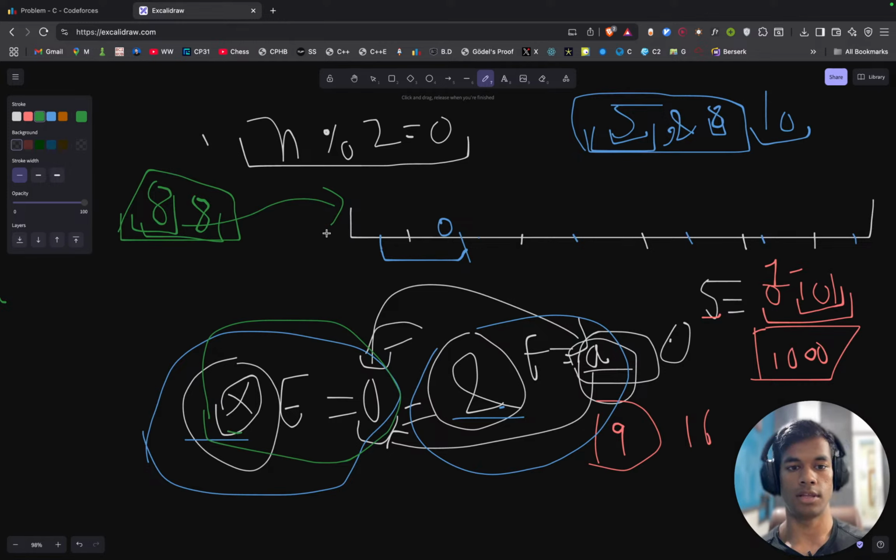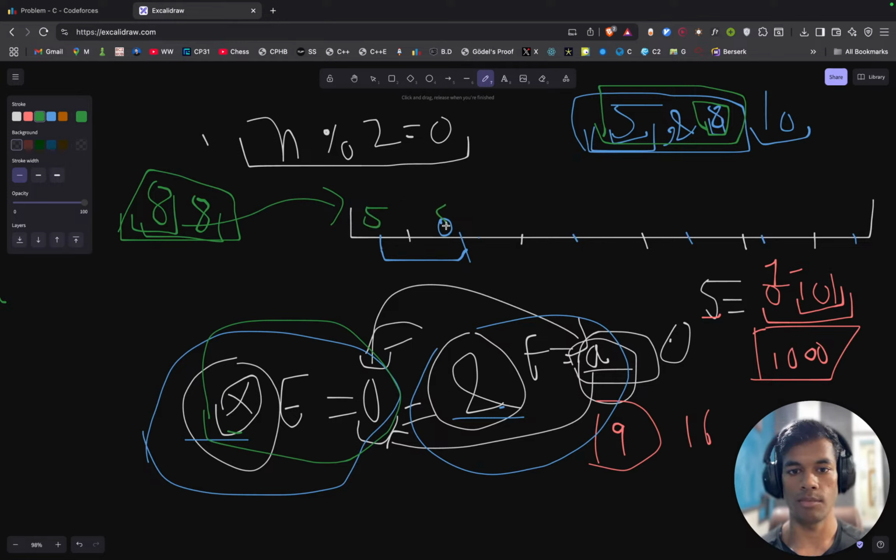And then I have to have 5 also, because I have to have any other number whose AND with 8 would give 0, and the smallest number is 5.